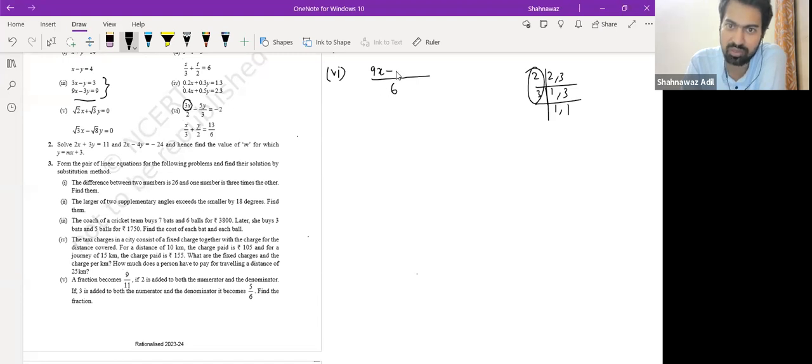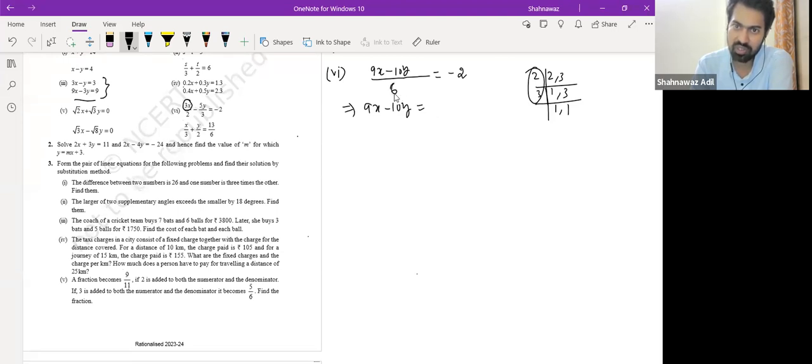So 2 multiplied with 5 is 10, and this gives minus. Then this becomes 9x minus 10y, and this 6 goes in here. So this becomes 9x minus 10y is equal to minus 2 by 6.